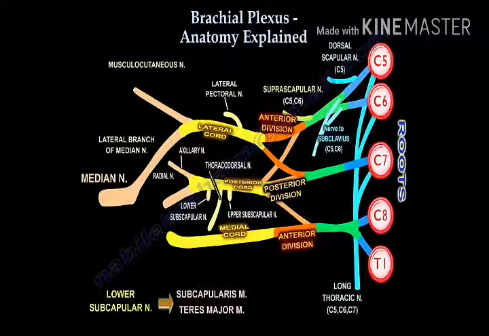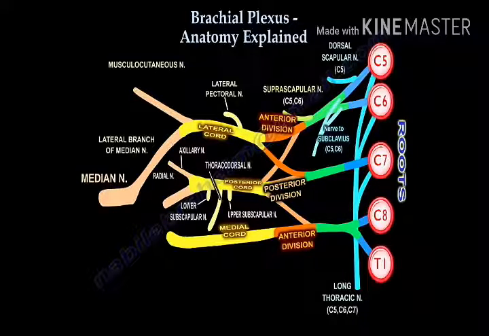It's interesting that the thoracodorsal nerve to the latissimus dorsi is squeezed between the upper and the lower subscapular nerve, when all of them arise from the posterior chord.